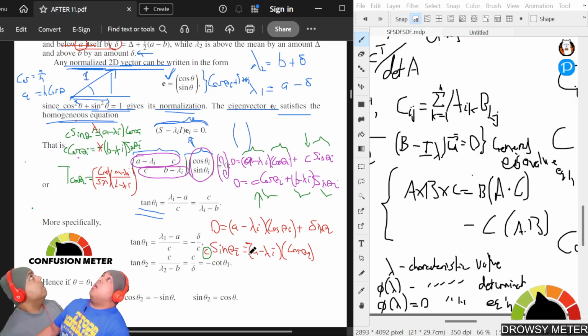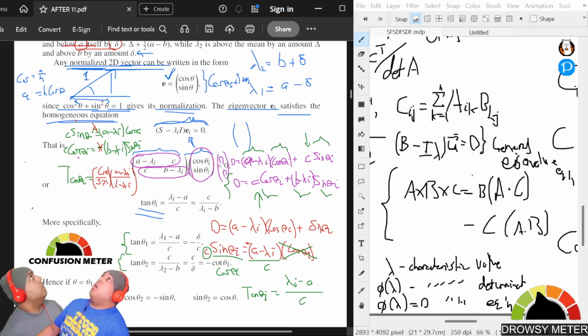I want to get rid of the c, so this becomes divided by c. I want to send this cos across to be like sine theta over cos theta. Sine theta over cos theta is tan theta. And on the other side we have over c a minus lambda I, but there's a negative here, so it's actually lambda I minus a. And we get this. And if we do the same thing for this, we'll get this.